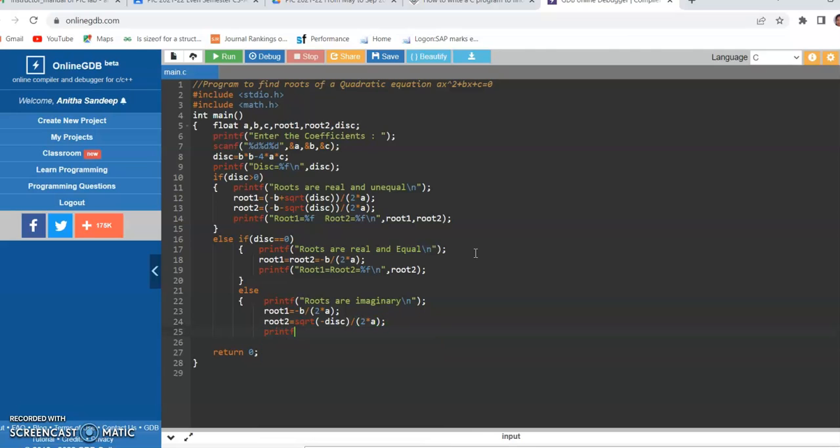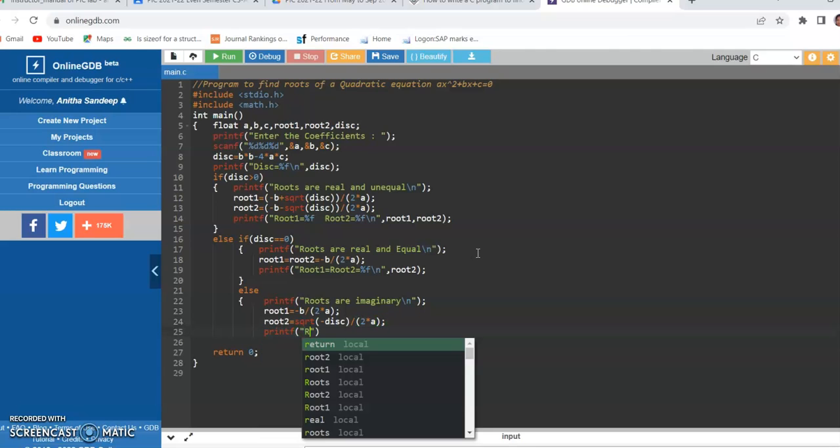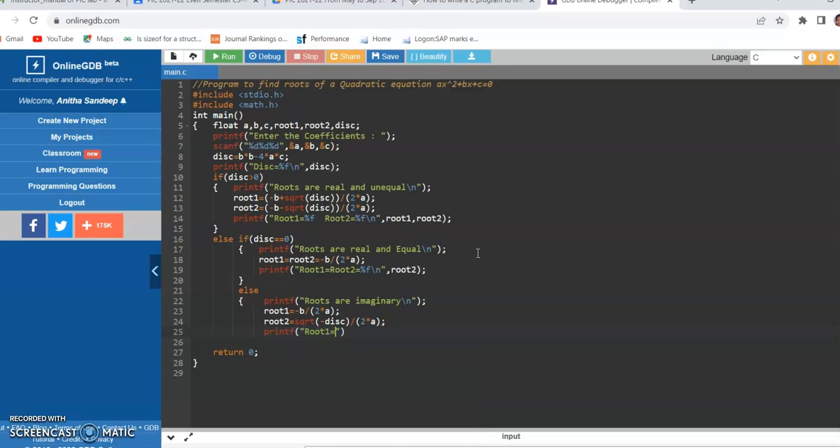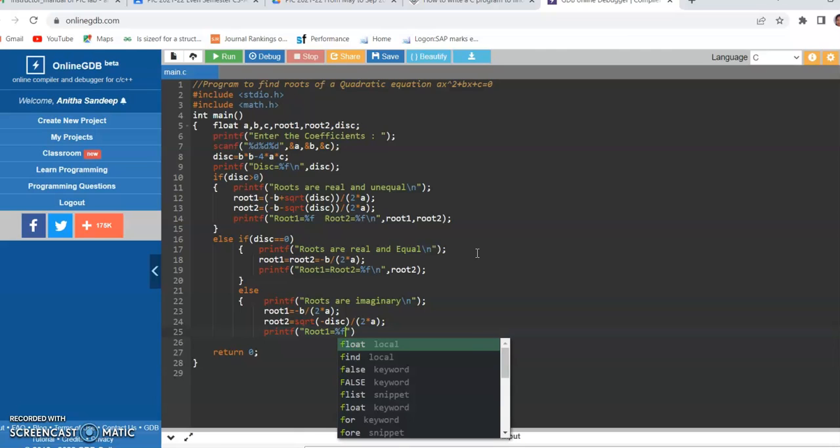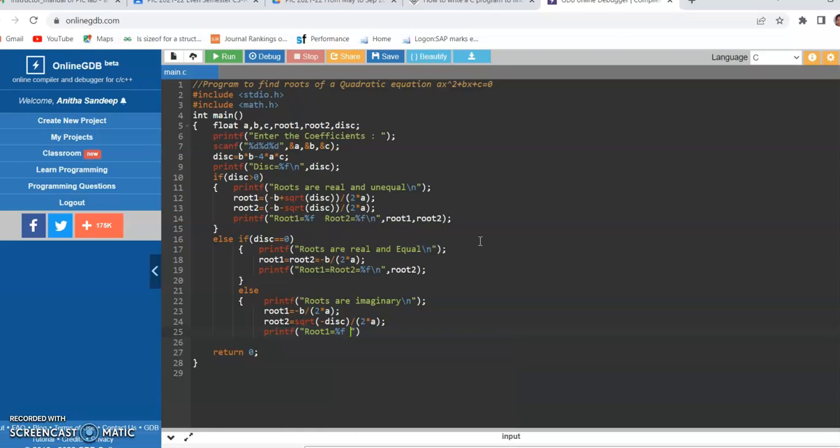And printf root 1 equals to real part, that is percentage f, real part, and I want to print it in a plus bi form, so real part plus or minus the imaginary part.